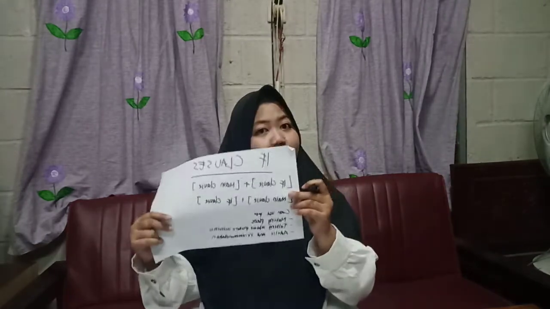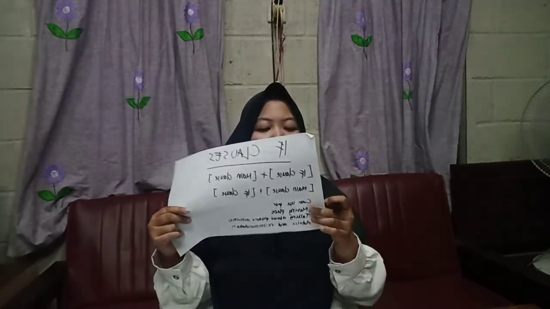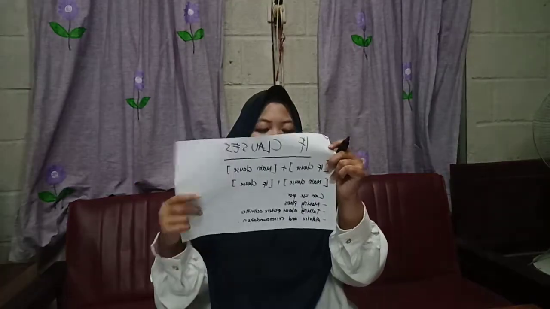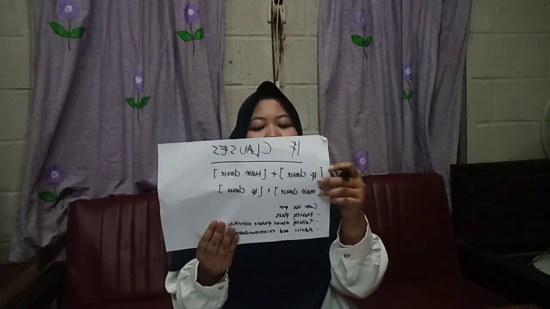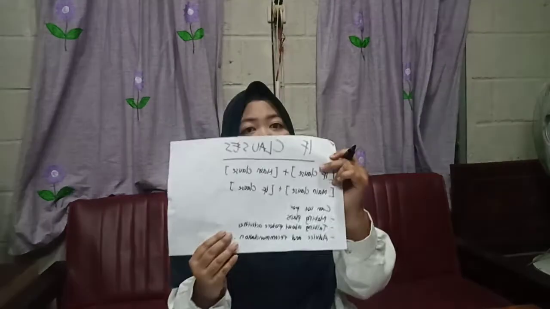This is talking about the future. If you're curious about the context, here is an example. I say you can use the if clause for making plans or for telling about future activities, or you can use it for advice and recommendation.